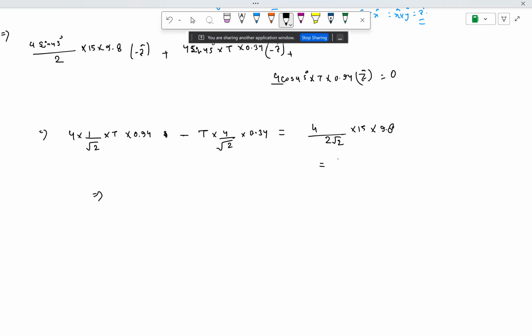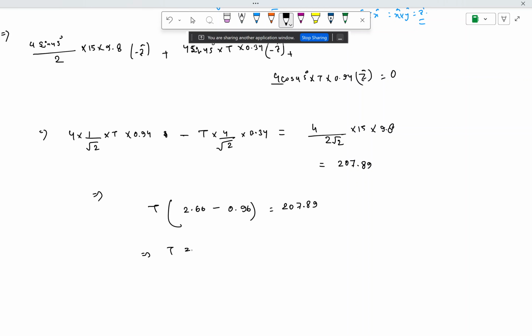So if that is the case, then you take the t common here from this side, and then 4 into 0.94 divided by root over of 2 is basically 2.66 minus 4 into 0.34 divided by root over of 2 is 0.96, is equal to 207.89.